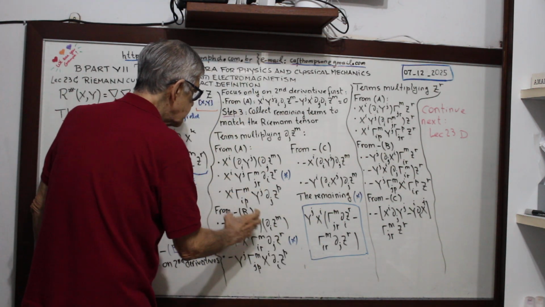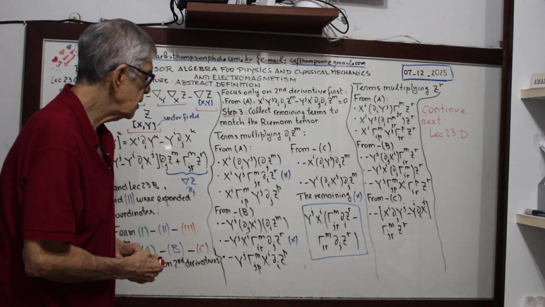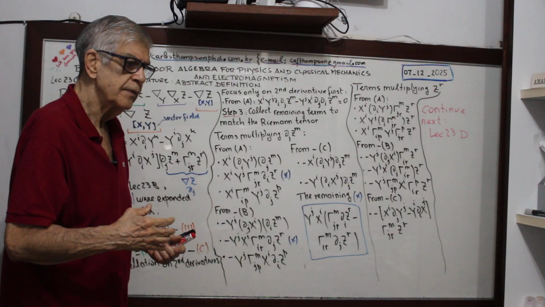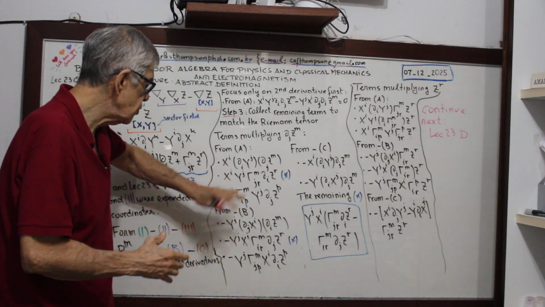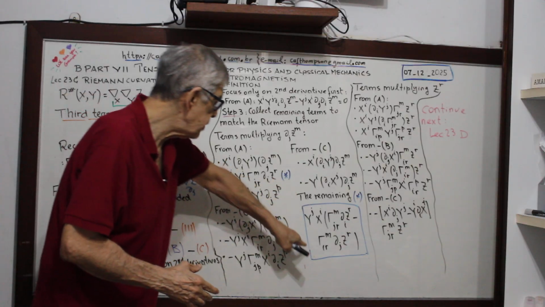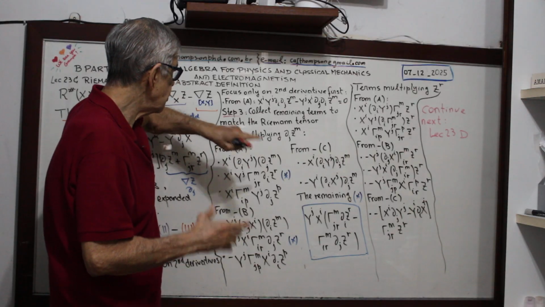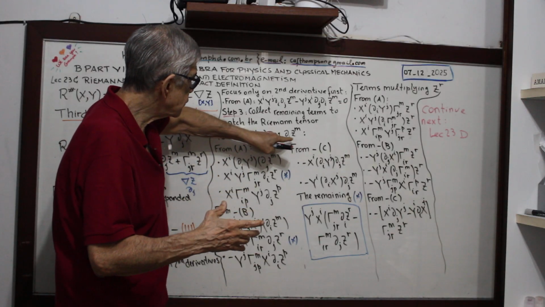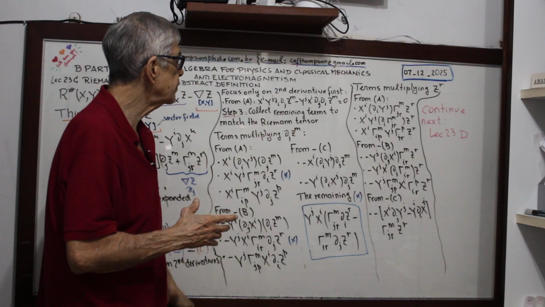Because the others, with the minus sign, will be cancelled, since they are dummy indices. It's quite clear, there is no doubt. So these are the remaining blue ones, because we were collecting just terms involving this partial derivative here.